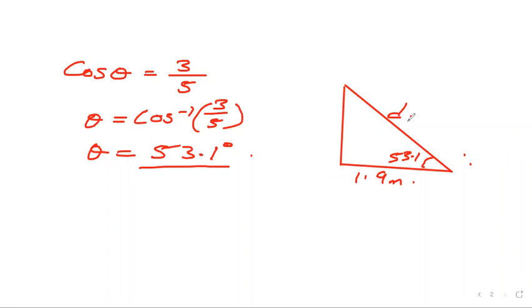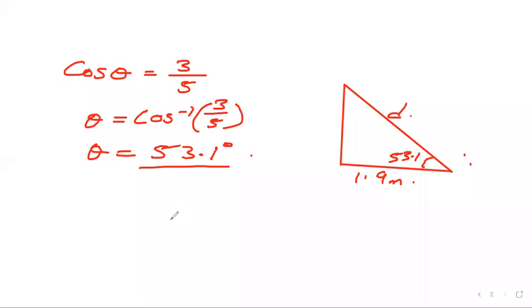So now for us to find the hypotenuse, what can we do? I think I'm finding a different figure here. On inverse cos 3/5, you can use the cosine function.